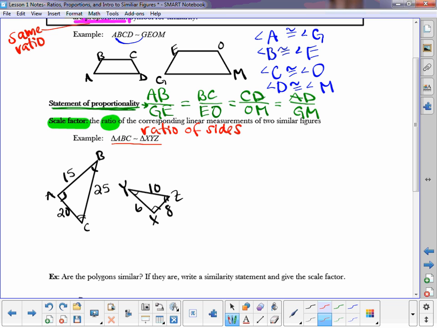Just like before we had a congruency statement, now it's a similarity statement. So I can say side AB and side XY are proportional. Side AB corresponds with side XY. Again, for my statement, I can say that side BC corresponds with which side? YZ.